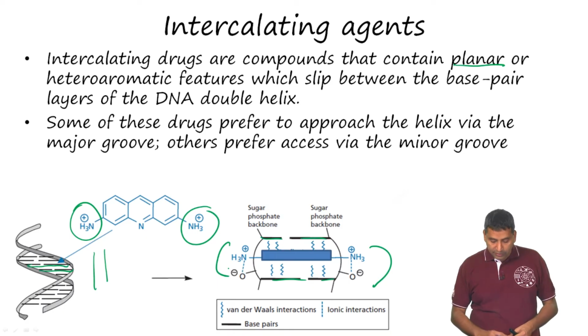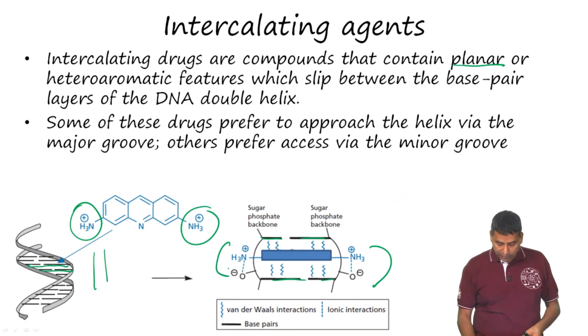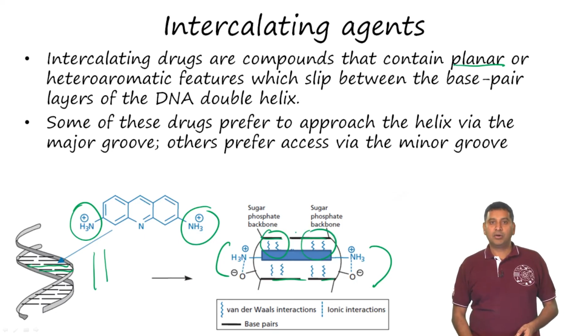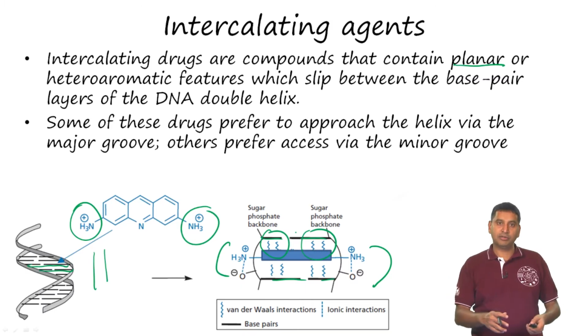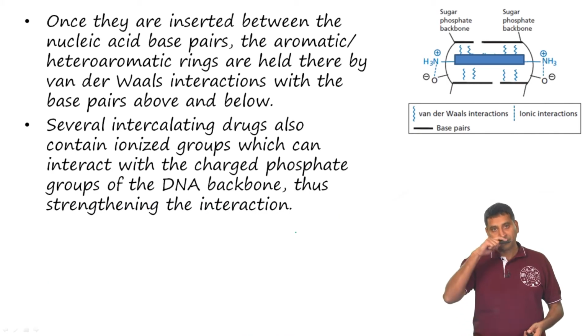And lastly, we could also have van der Waals interactions as shown here with the bases. Now, some of these drugs prefer to approach the helix via the major groove, and others prefer to access via the minor groove. We have already looked at the major and minor groove in one of the previous lectures.